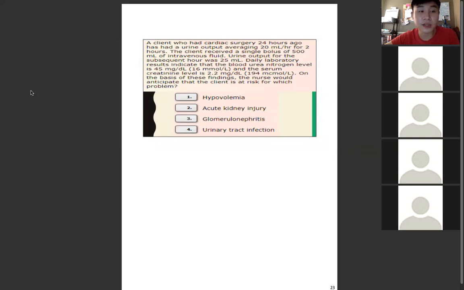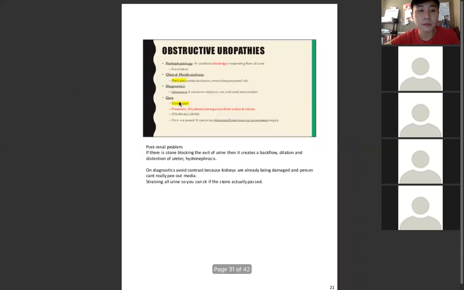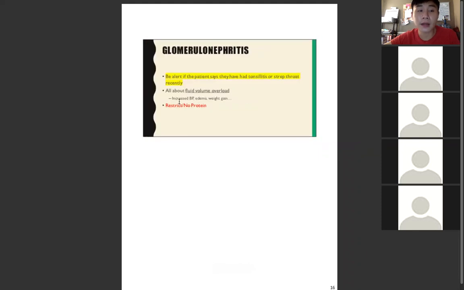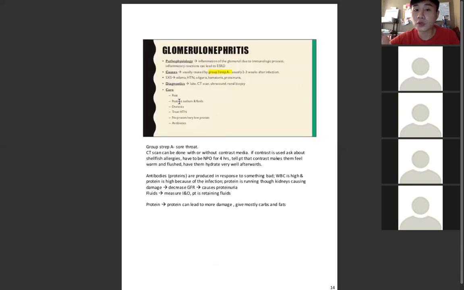I have a question. Can you explain the difference in protein in glomerulonephritis and nephrotic syndrome? Yeah, sure. The difference is that in glomerulonephritis, we don't lose the proteins. That's why we don't give the protein diet to the patient.